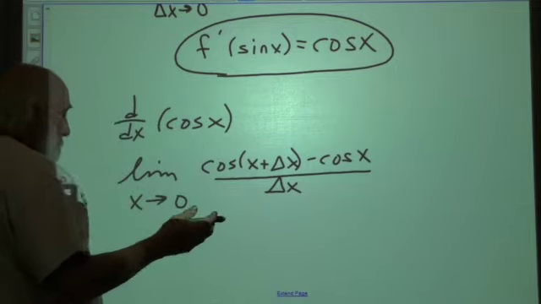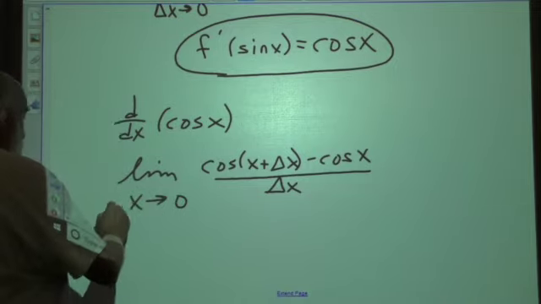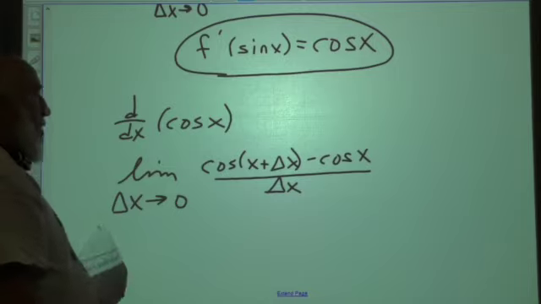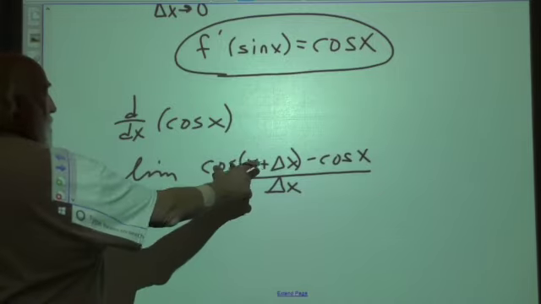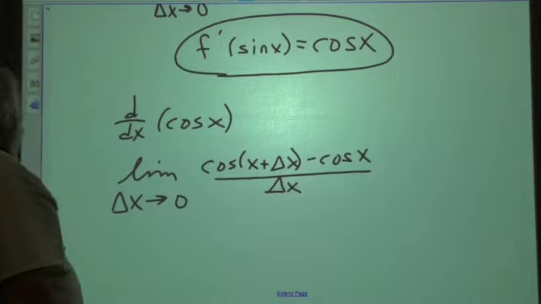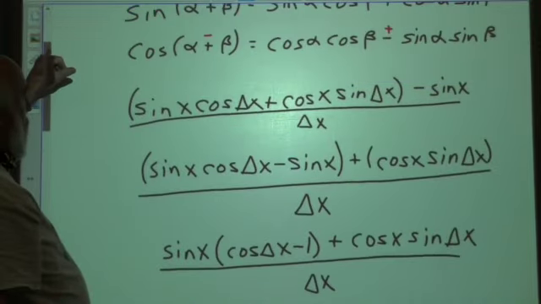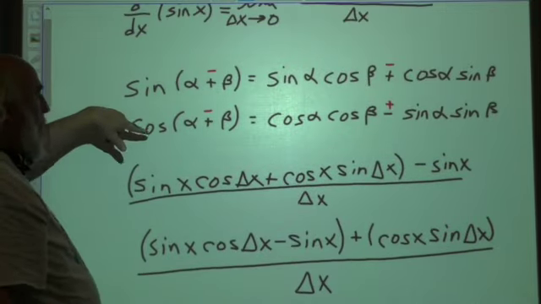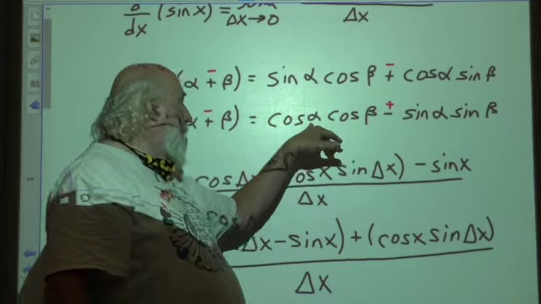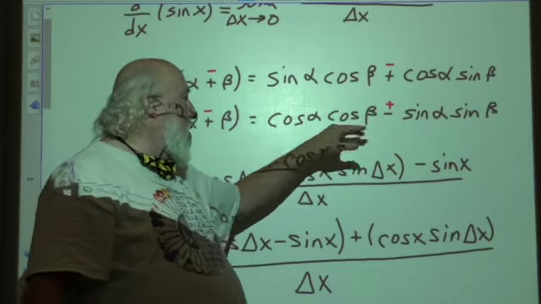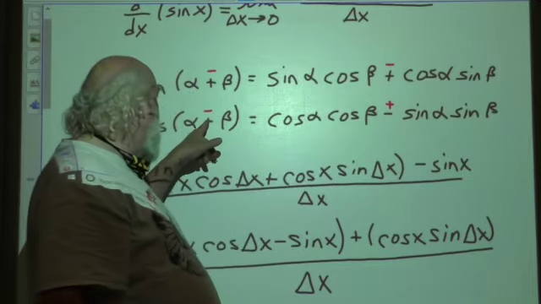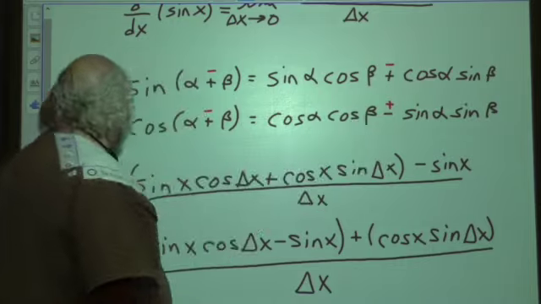And that's delta x right here. The deal with that is this is now a sum of two angles of a cosine. So we go over to this right here, and this is going to be our x, and that's going to be our delta x for alpha and beta. When these are adding, then this is going to subtract.